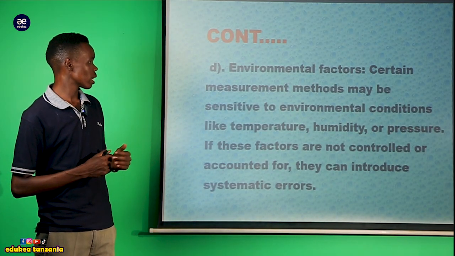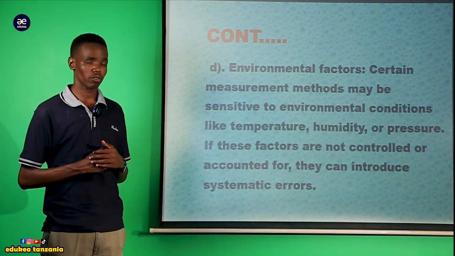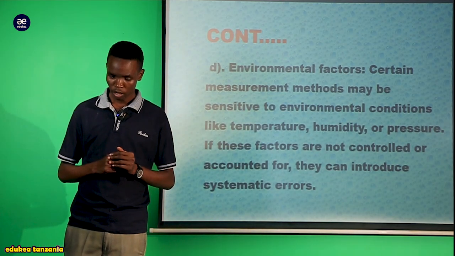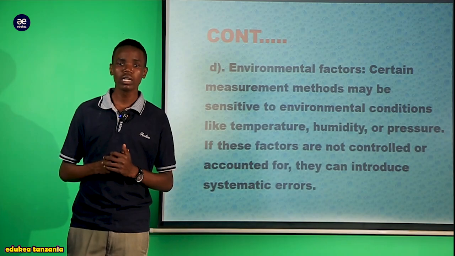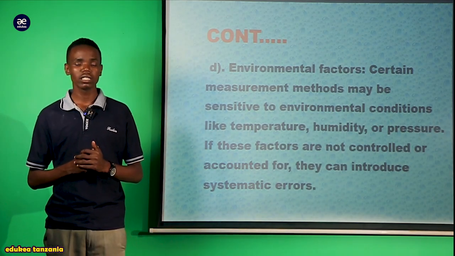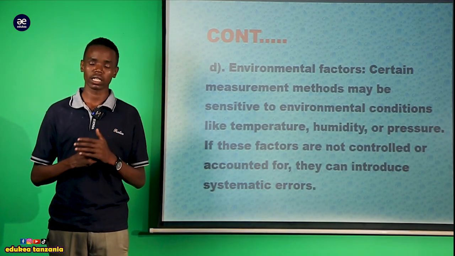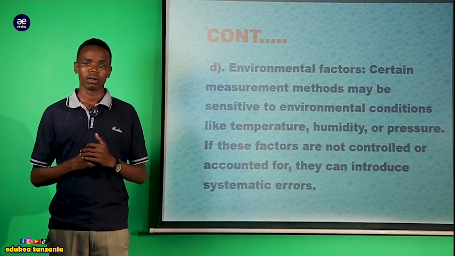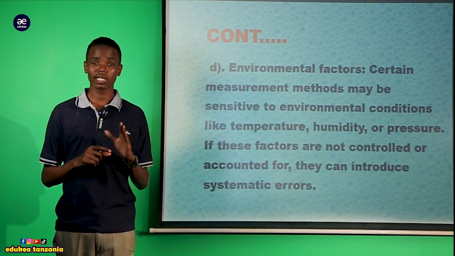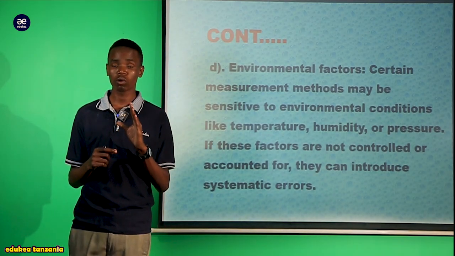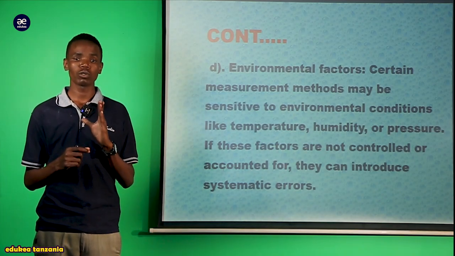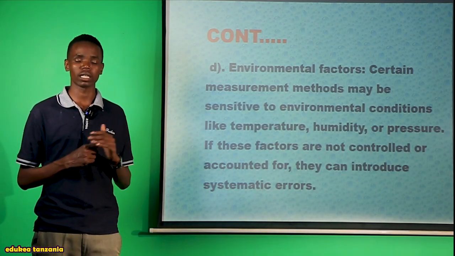We have another cause, which is the environmental factors. Environmental factors, my dear student, can cause the occurrence of the systematic errors. Kwa sababu unapokuwa upo kwenye mazingira ambao sio sahihi, unapokuwa unakusanya data, moja kwa moja utapata data ambazo sio sahihi.